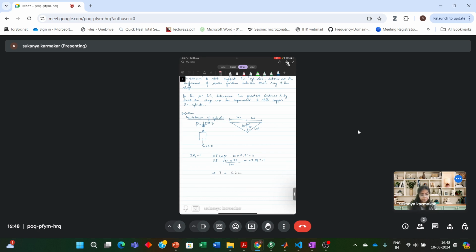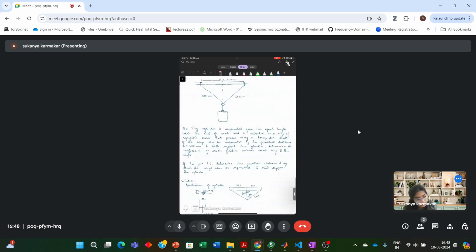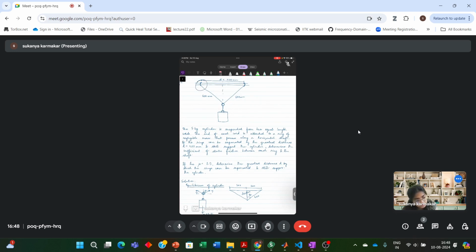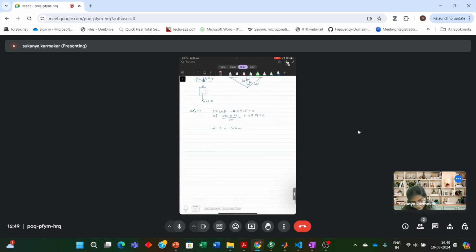5.5. Okay. Then let's write down the equilibrium equation for this ring. Equilibrium of ring.